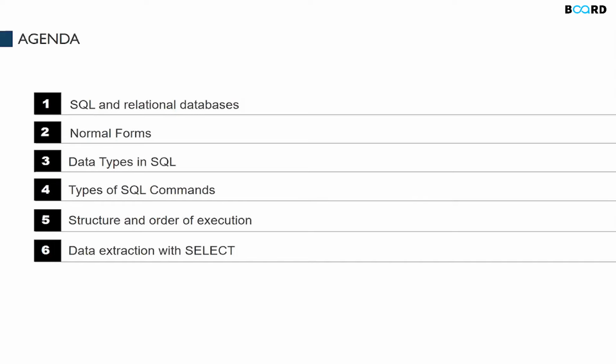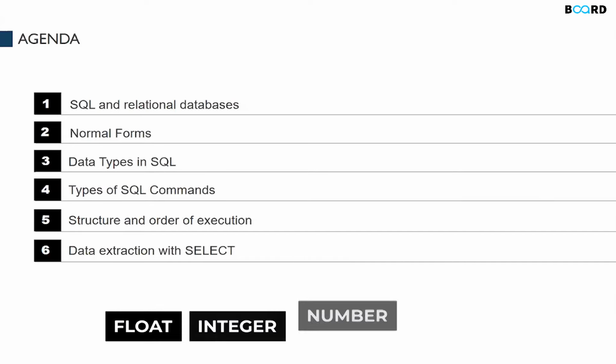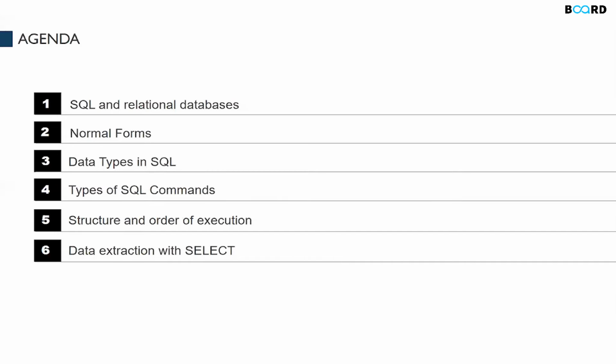Third is the different data types that we can use in SQL, like with Excel, where we can use different data types like float, integer, number, boolean. Fourth is types of SQL commands, which means what are the different types of commands available in SQL. Fifth is how the SQL query executes, which is a little different from any of the other languages you might have seen. It is interesting. And finally, we will run a small piece of code towards the end of the session by using the select command.